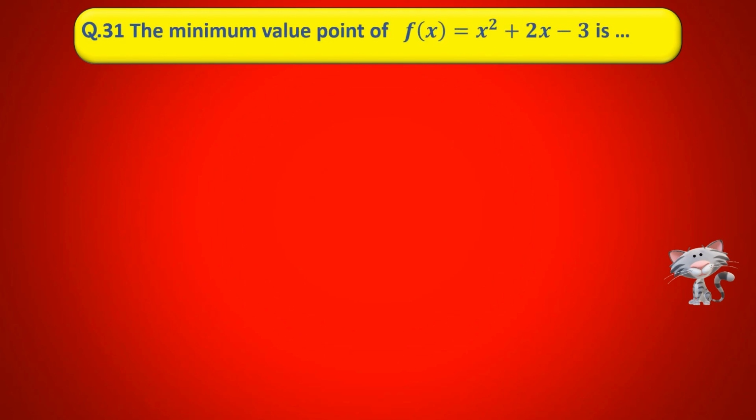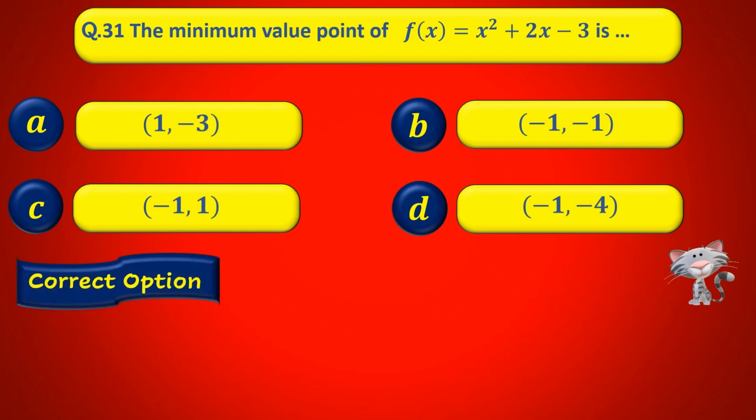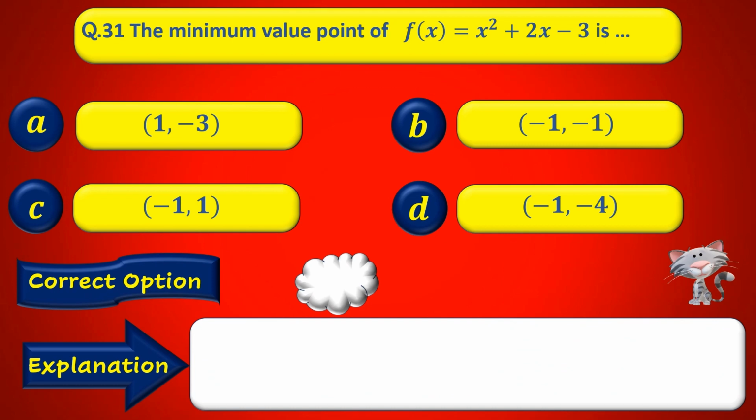Question number 31. The minimum value point of this function is, and the options are, let's find out the correct option. Here f of x is equal to x square plus 2x minus 3. First derivative is 2x plus 2. Second derivative is only 2.